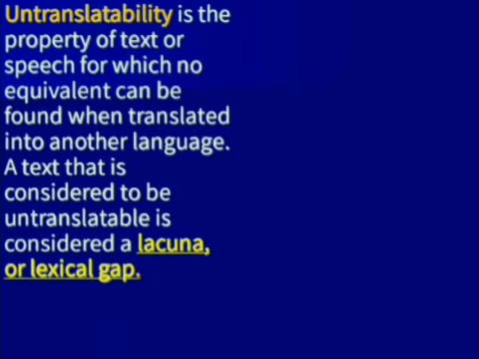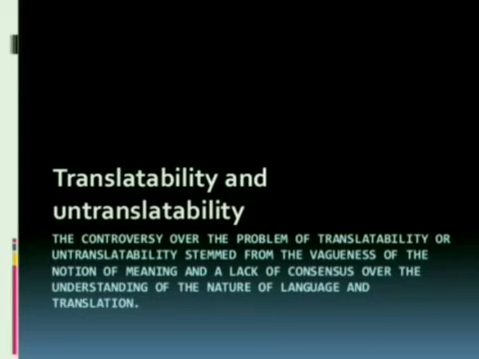Untranslatability is the property of text or speech for which no equivalent can be found when translated into another language. The text that is considered to be untranslatable is considered a lacuna or lexical gap. Especially this kind of words, this kind of context, have no equivalent in the target language.